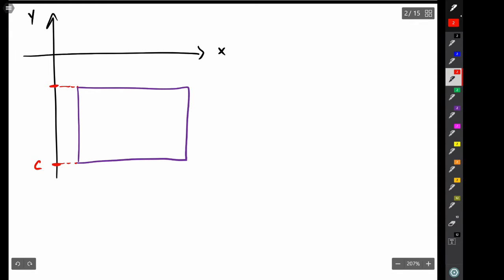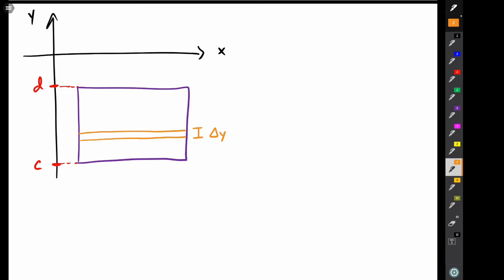The lowest part here will be C. The highest part we're going to call D. Then on this little strip right here, of thickness delta Y, we want to find the force exerted on that part.